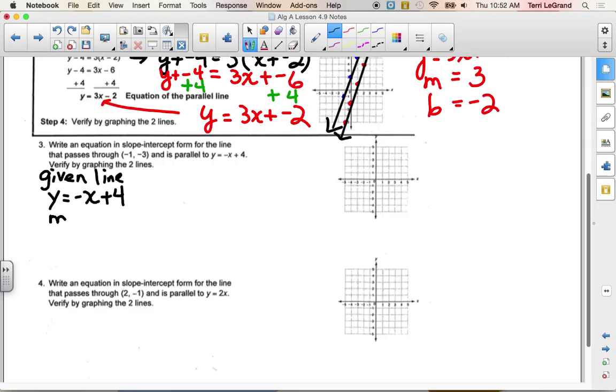So let's identify its slope. What's its slope? Negative x. Remember, we don't include the x, we just include the number x is being multiplied by. It's negative 1. And then b, its starting point, is 4.